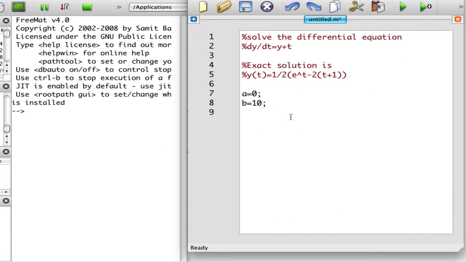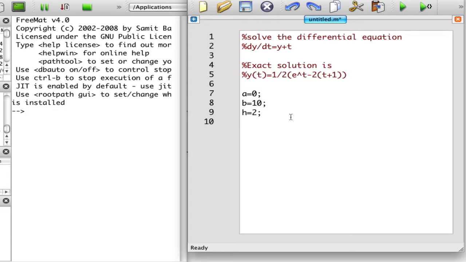All right. What else do we need? The number of steps. Sure. Well, yeah, the step size is more important. So step size, so that's h, right? How about we start off with 2?